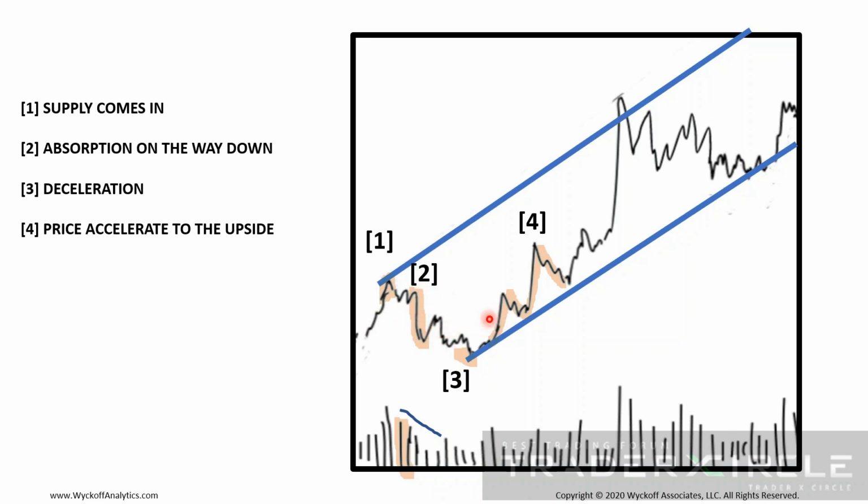Strong hands are absorbing the supply on the way down, and then nothing happens. Deceleration and acceleration to the upside. Deceleration. Phase B of this local trading range is very quiet. Buyers are forced to come in on the way up.